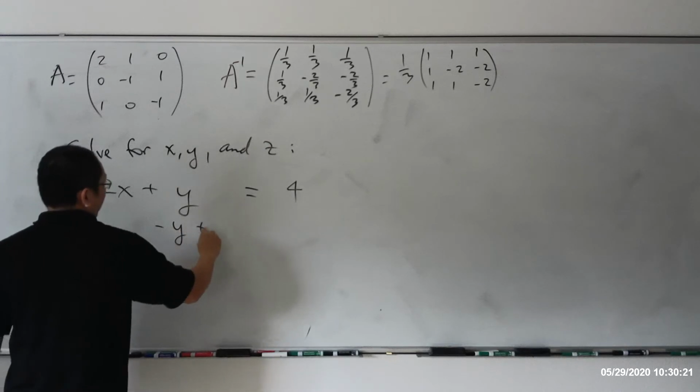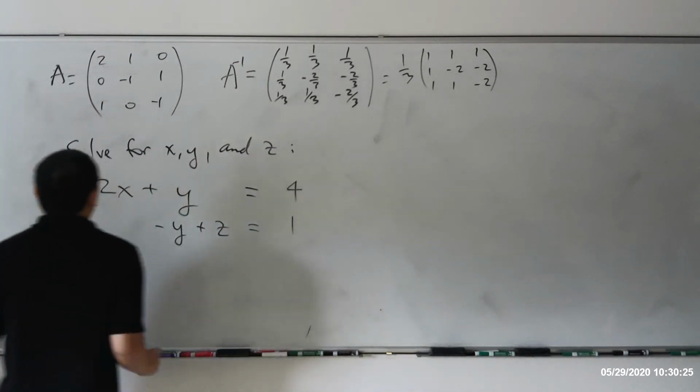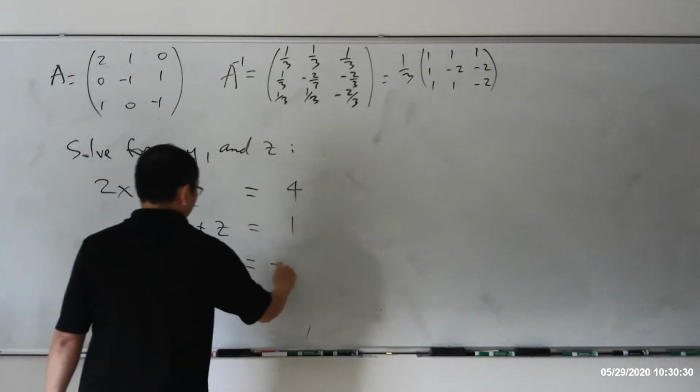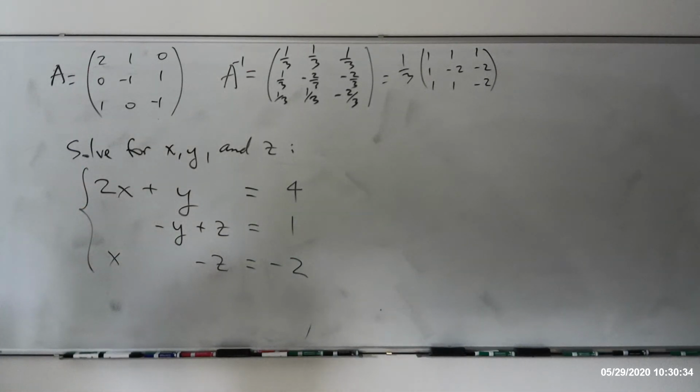Negative y plus z equal to 1. And then x minus z equal to negative 2. Alright? So I have a system of 3 linear equations with 3 unknowns, x, y, and z. And I want to solve for x, y, and z.